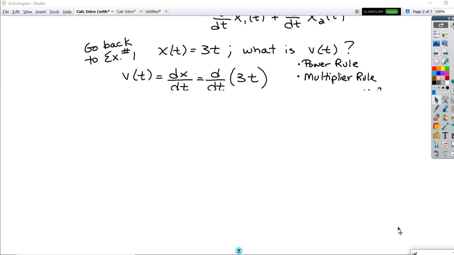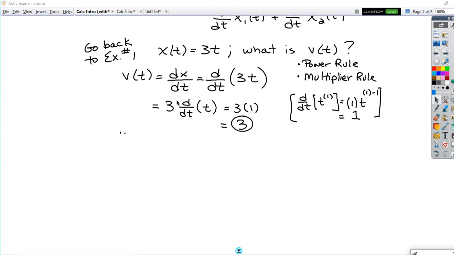I have a polynomial term, t, which the power n is equal to 1. You don't see it. And I have a coefficient out front, so that's the multiplier rule. So I have to apply both the power and the multiplier rule to this. So if I want to find the v at t, that's the same as finding the derivative of the position with respect to time, which is finding the derivative of 3t with respect to time.